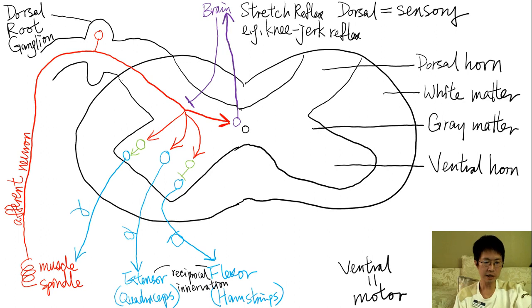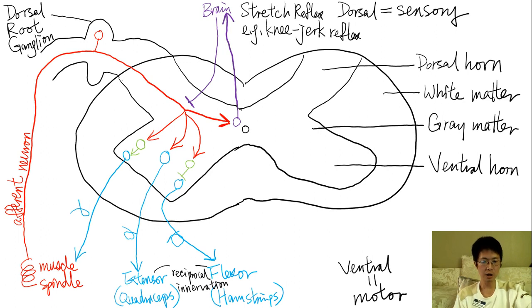It is this muscle spindle here that we see in here. This muscle spindle is embedded in this extensor quadricep. So, in other words, when we hit the patellar ligament, we are stretching the muscle spindle.